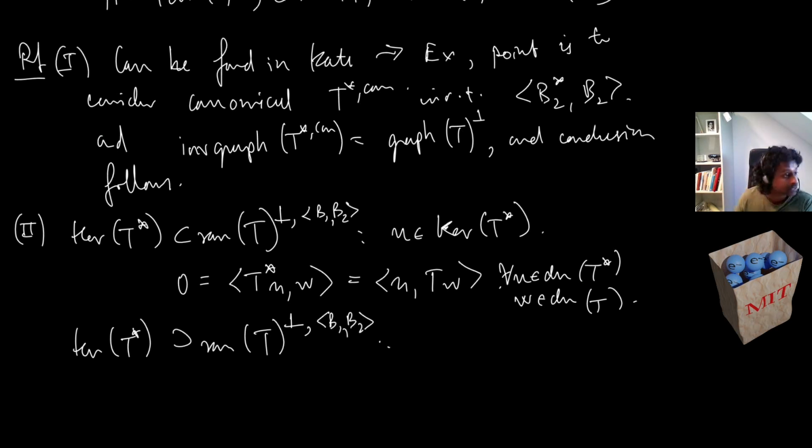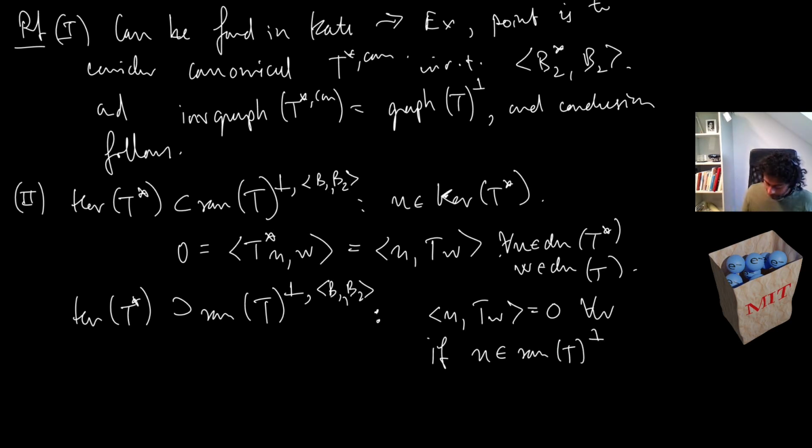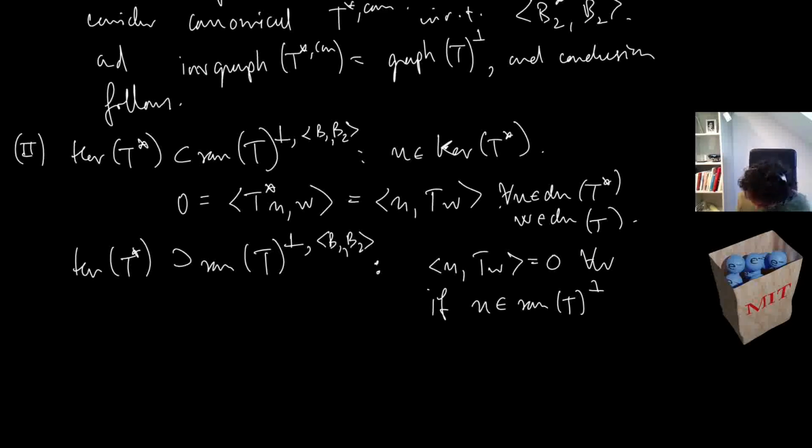So this means that U TW is 0 for all W if U is in the annihilator of the range of T, but then 0 equals UTW, which is the same as T star of UW equals 0.